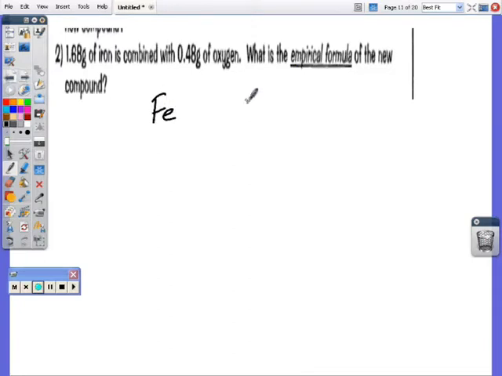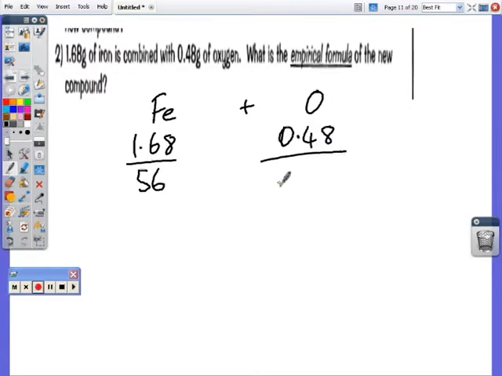If we take iron, if you pause the video now, I will do it. We have Fe, and we have oxygen, so 1.68 over the 56, we have 0.48 divided by 16, which gives us 0.03, nice round-ish number, and 0.48 divided by our 16 gives us again 0.03.